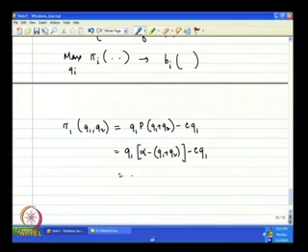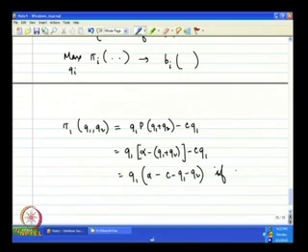Now, from here I can take Q1 common, and what I get is alpha minus C minus Q1 minus Q2. But remember, this is going to happen if capital Q is less than or equal to alpha.